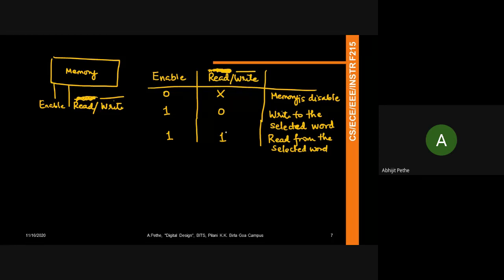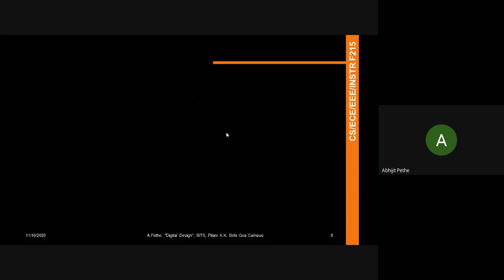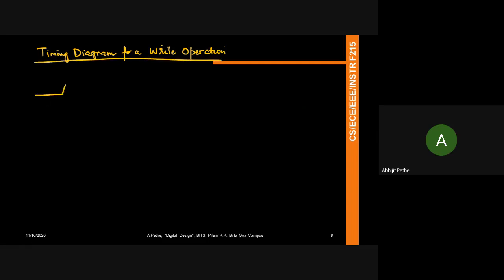So let's think about, suppose I ask you, I'll stop here. Let's think about a timing diagram for a write operation. So always remember there's a clock.